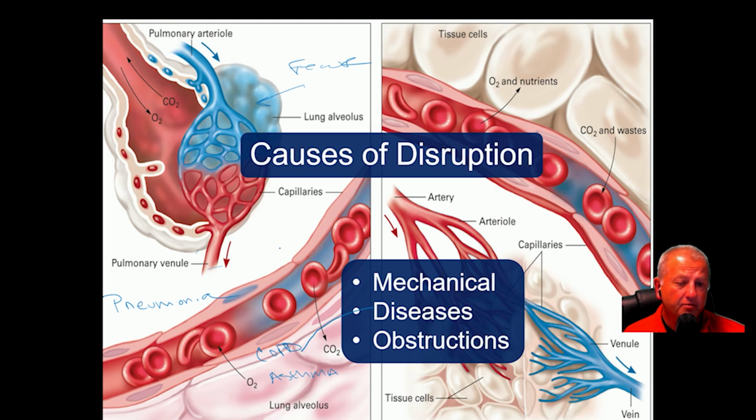Asthma is going to cause major problems with bronchial constriction. What about obstructions? So if you can't get air from down your trachea into your bronchioles, that's going to be an obstruction. Okay? And there's other obstructions we'll talk about.